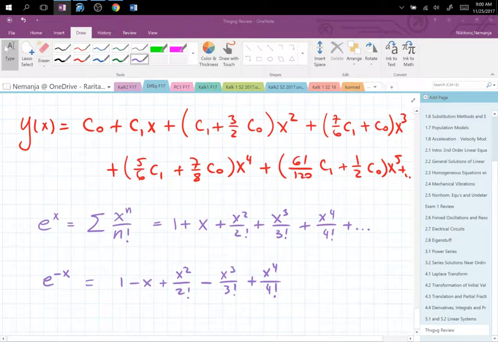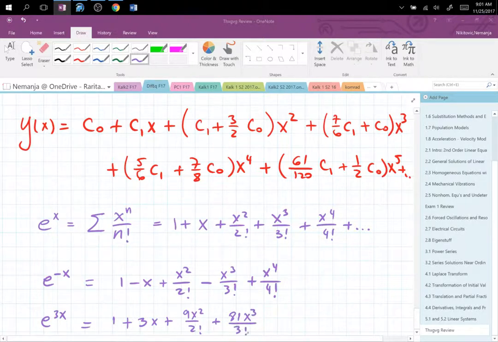And then e to the 3x, which is the other one, is 1 plus 3x plus 9x squared over 2 factorial plus 27x cubed over 3 factorial, plus 81 x to the 4th over 4 factorial plus going on forever.